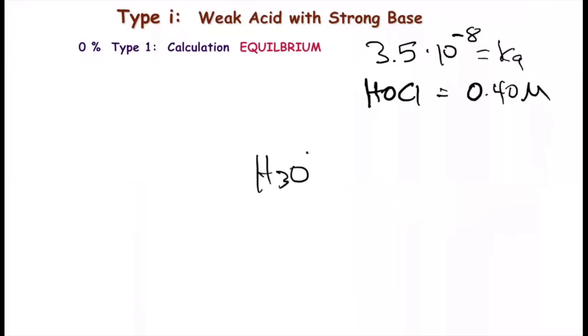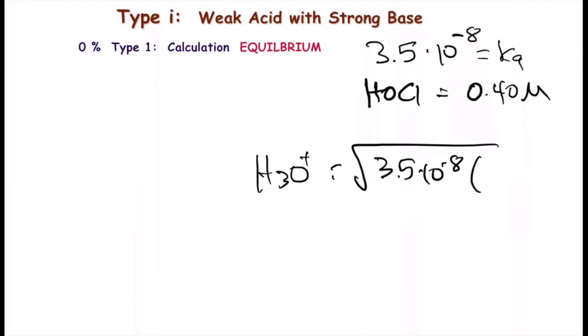I can just do this without really thinking, realizing that this comes from the ice table, and I can calculate my hydronium ion concentration. And then from my hydronium ion concentration, I can calculate my pH.